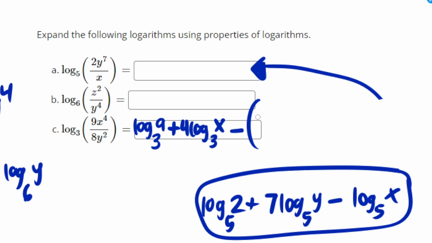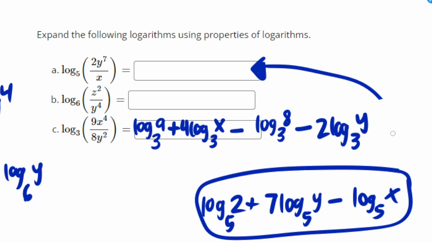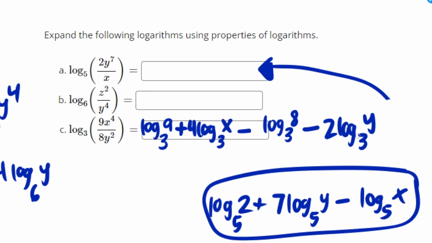So we'll go to log base 3 of 8 and plus log base 3 of y squared, which can turn into 2 log base 3 of y. And then this plus will turn into a minus, because the minus will distribute. Yeah, and that would be your answer for that.